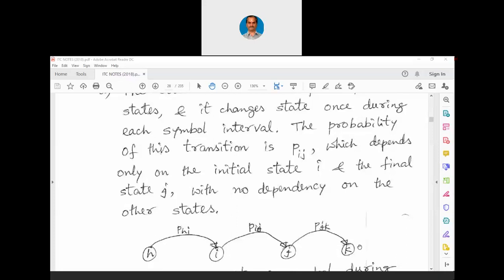To give you one more example, you are all in A section, there are students in B section, there are students in C section, all in 5th semester. Again we have students in the 3rd semester A, 3rd semester B, 3rd semester C. Again we have students in 7th semester A, 7th semester B, 7th semester C. If this is the case, if at all we have to model A section, now this is a stochastic process.